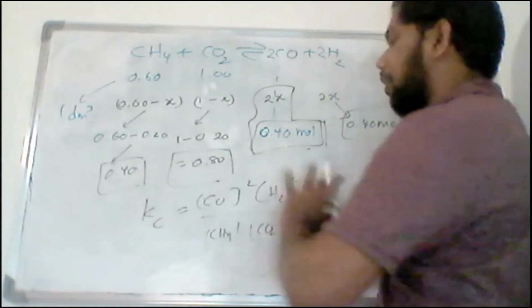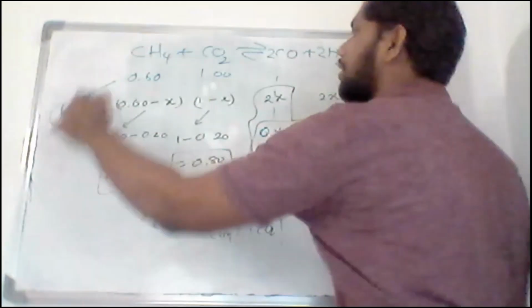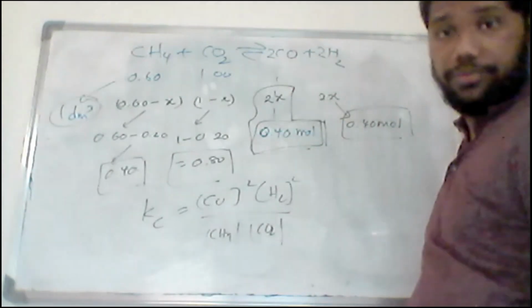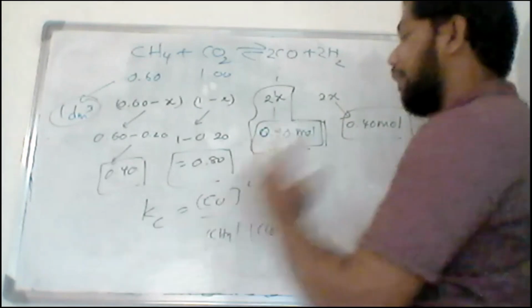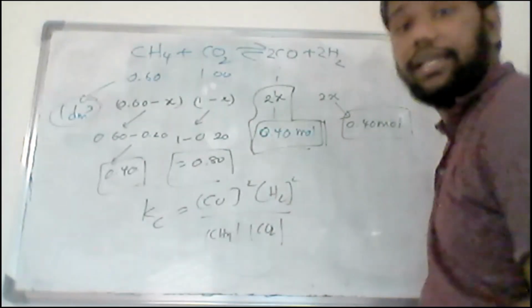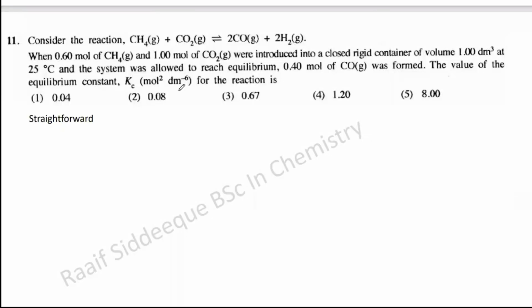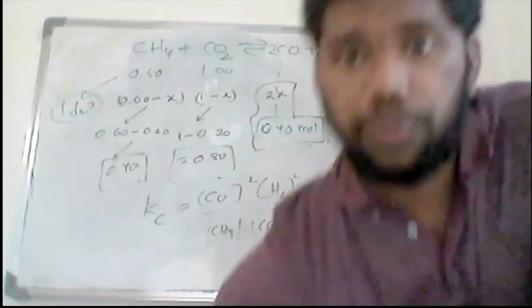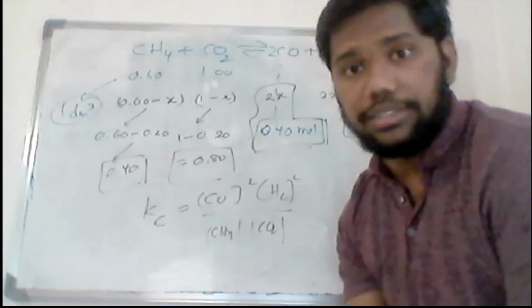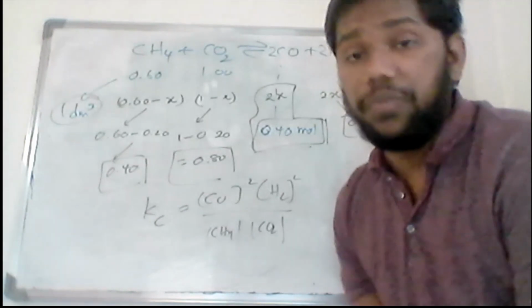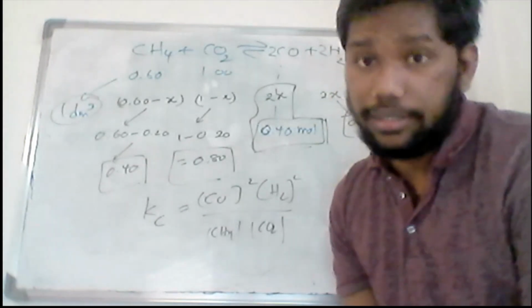The only difference here is they have given it as 1 decimeter cubed. So when you calculate Kc, you can check the units that they have asked. In this question, they are asking in mol squared dm minus 6, so you don't have to convert the concentration terms into m cubed to give it in standard state.